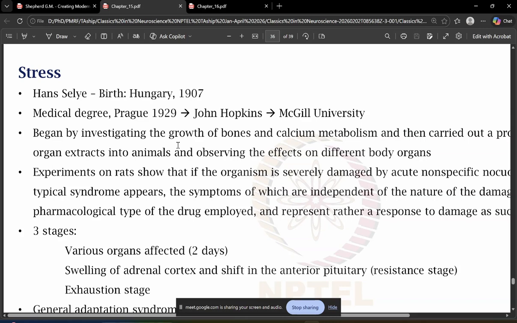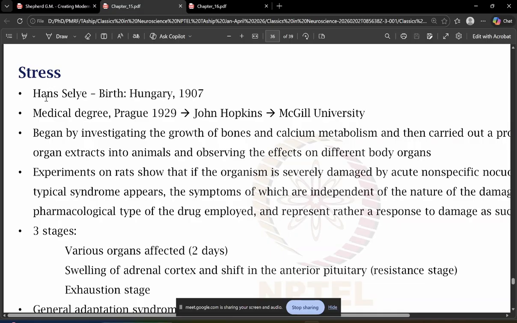Stress was not actually a term in common use earlier. It was coined by this person, Hans Selye, I do not know the exact pronunciation, but this person was the one who coined the term stress.